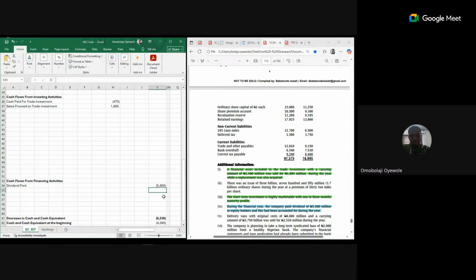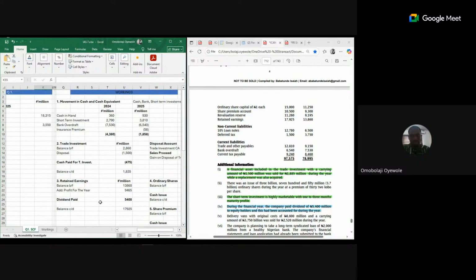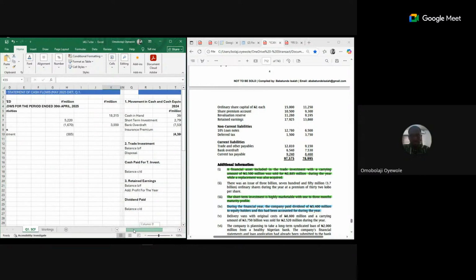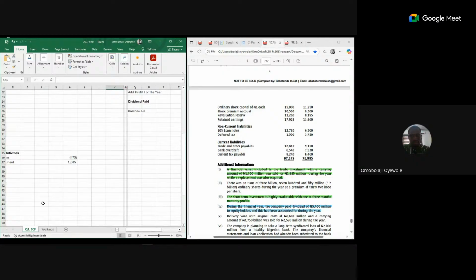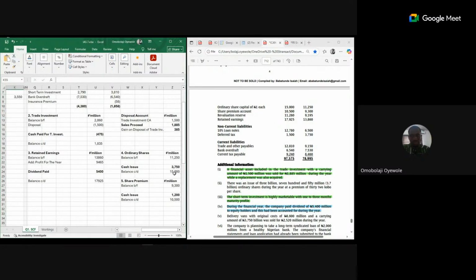Then what else? We have cash issue, right? Issue of shares, and for both share and share premium. So increase in ordinary shares gave us 3,750.